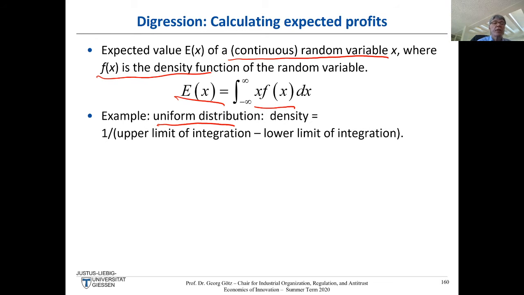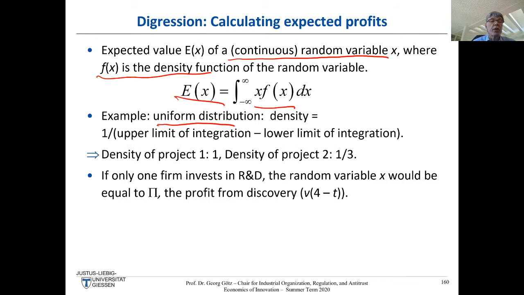Just remember, we had these two projects. One was in the interval from 1 to 2, so it would be 1 over 2 minus 1. The density in this case would be just 1. So the density of project 1 is 1.